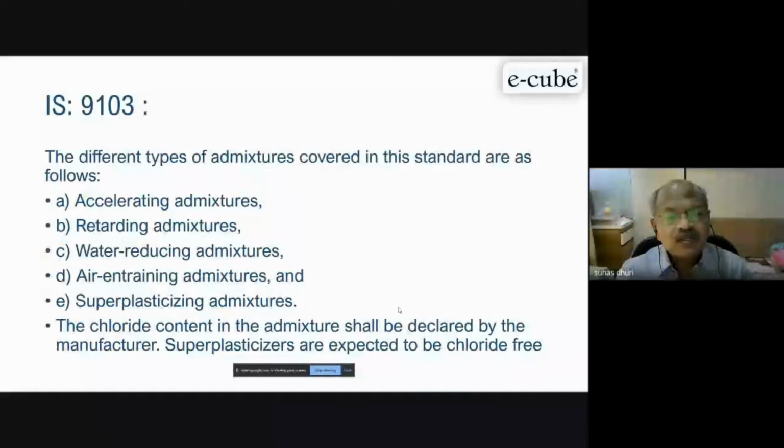Then we have superplasticizing admixtures. One is the water reducing admixture, the second is the superplasticizer. Those have a higher capacity to reduce the water content. That's called superplasticizers.